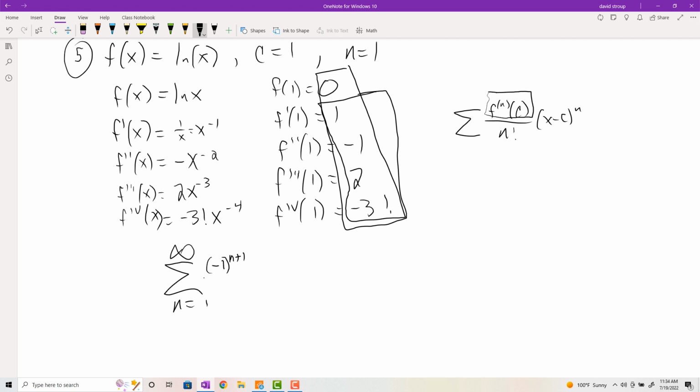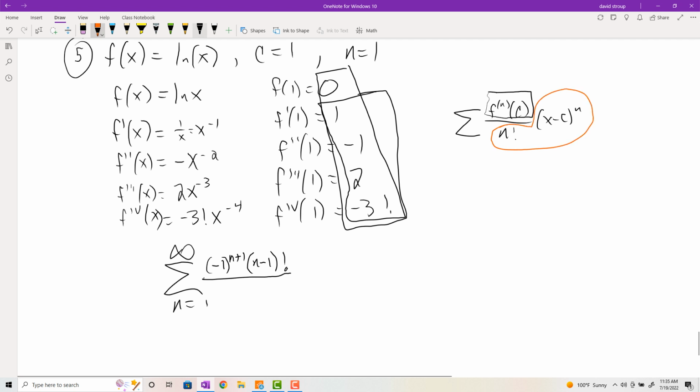Then there's a factorial, right? So when n is 2, it's basically 1 factorial. When it's 3, it's 2 factorial. When n is 4, it's 3 factorial. So it looks like it's always n minus 1 factorial. And then you just borrow the rest of this stuff from our generic form for these series: the denominator has to be n factorial, and then you multiply by x minus c to the n, and our c value is 1.